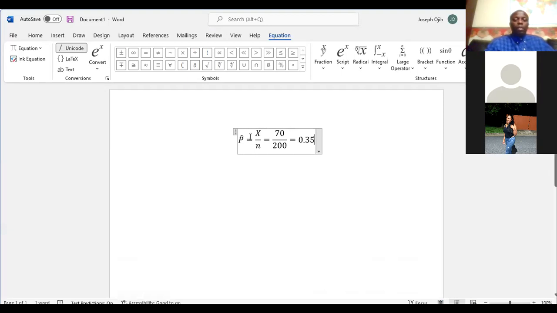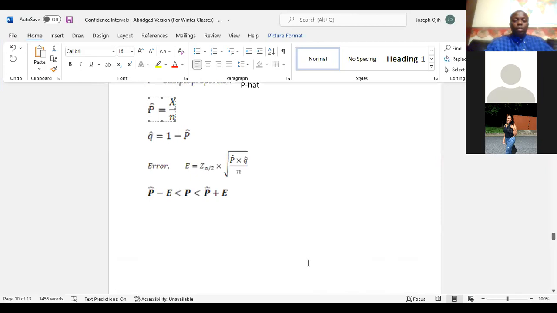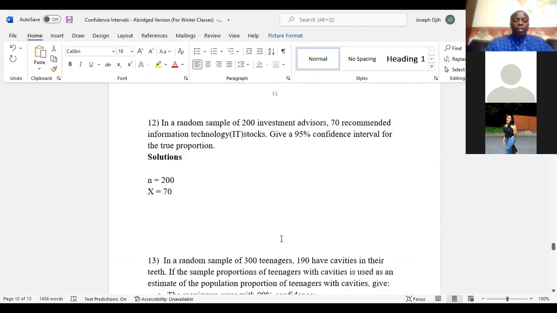I'll copy it, go to the main workbook, and put it in.